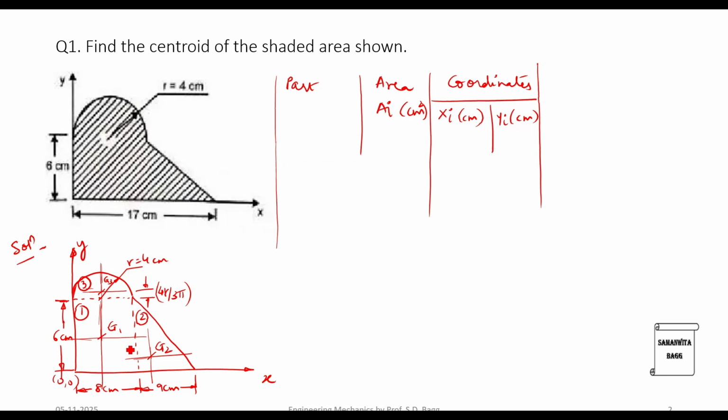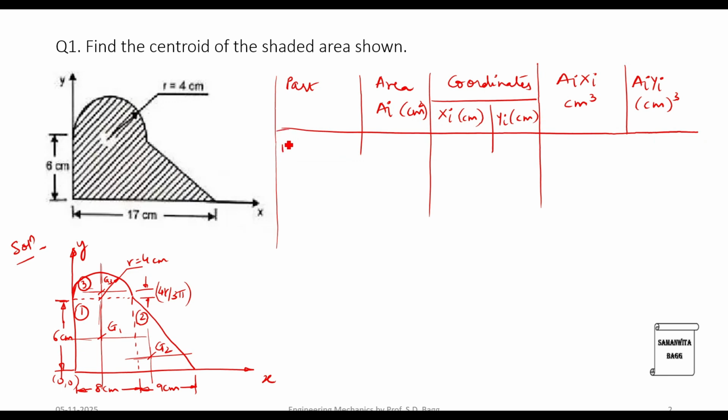Xi, yi indicates the coordinate of G1, x1, y1. So x1, y1 is what we are going to write for the first part, the rectangle. Then we will write down the multiplication of this area into xi. The unit will be centimeter cube. And then we have Ai yi. The unit will again be centimeter cube. So this is the total table that we have to make.